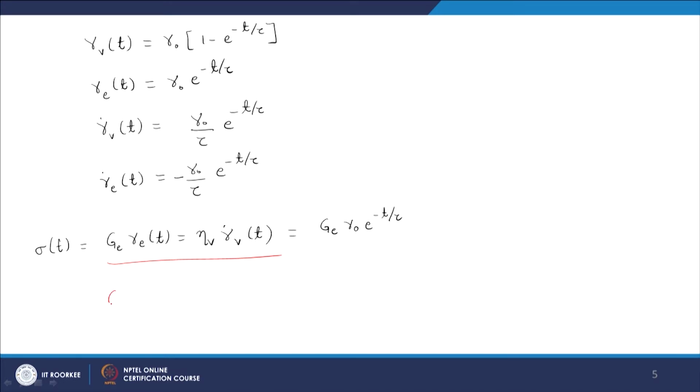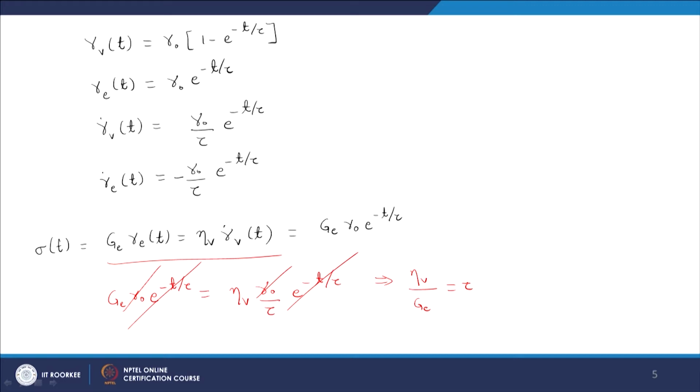The first one is G_e gamma naught e to the power minus t by tau, and the second one is eta_V gamma naught by tau e to the power minus t by tau. We have cancellations here, and this essentially gives me eta_V by G_e is equal to tau. That is what we have assumed.